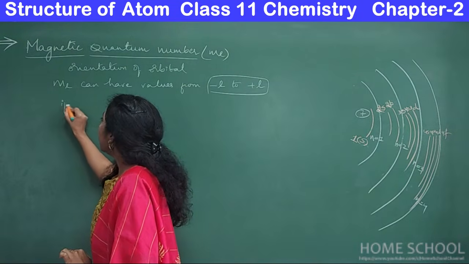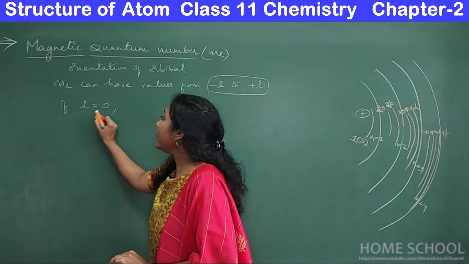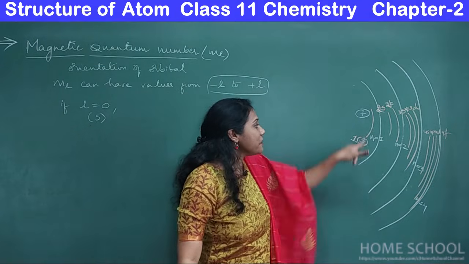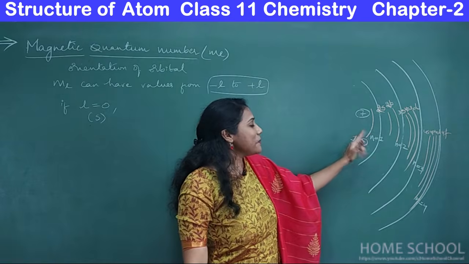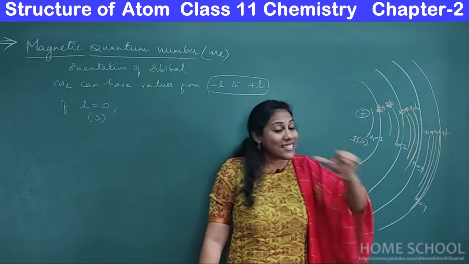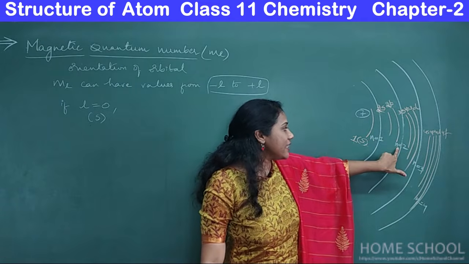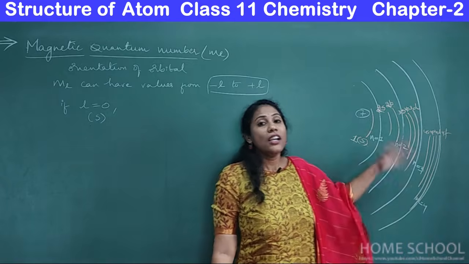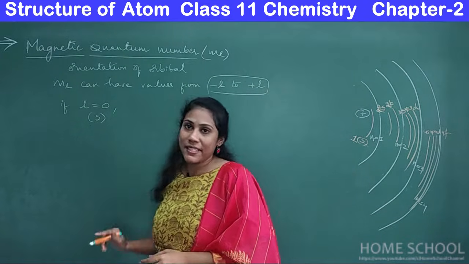If L is equal to 0, that means the s subshell. The s subshell is present in every shell. It is there in the first shell, the second shell, the third shell, the fourth shell. So in every shell, the s subshell is present.